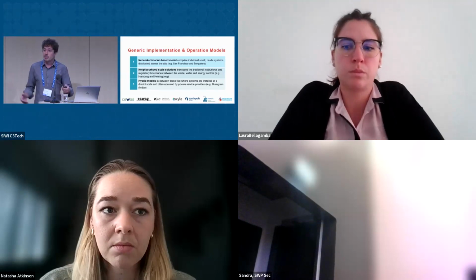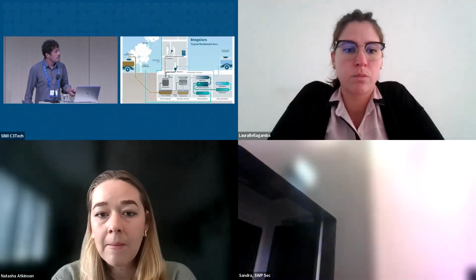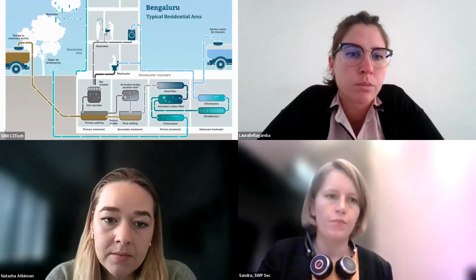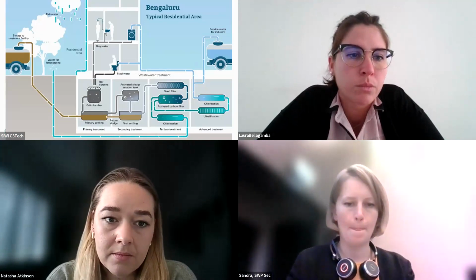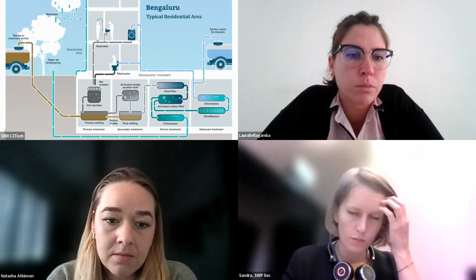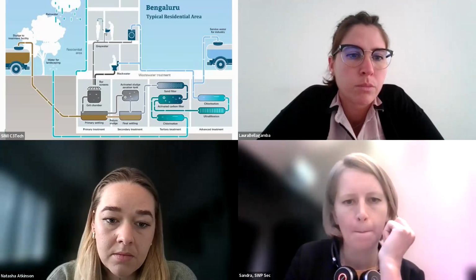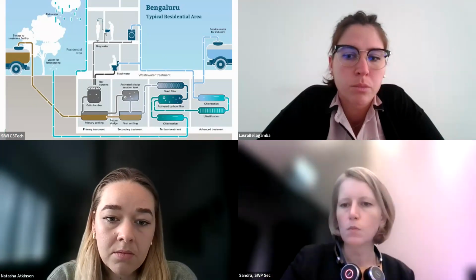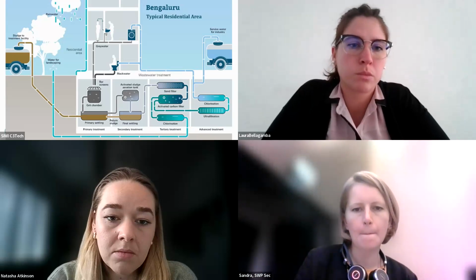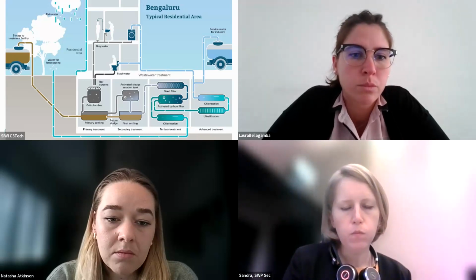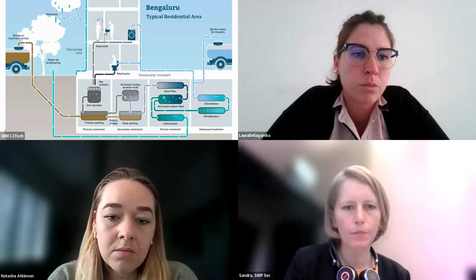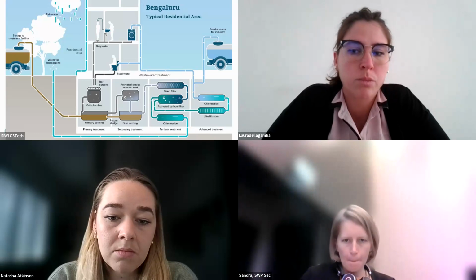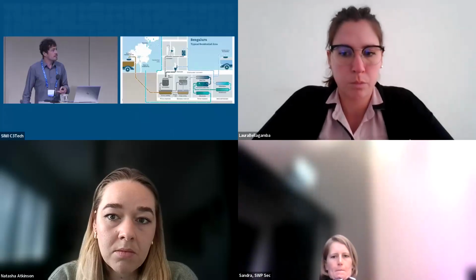Now, in the course of the Lighthouse project, we also created some flowcharts, or overview charts, of the models that we looked at. Here is a typical example from the Bengaluru area, so for a residential area in Bengaluru. Just to give some context and understanding of how such a system can look, you can see that the gray water and black water are separately collected, but then combined to wastewater, and in the basement of the building, you have a treatment system with a primary, secondary, and tertiary treatment step, which then makes the water fit for reuse, for example, for landscaping and horticulture.